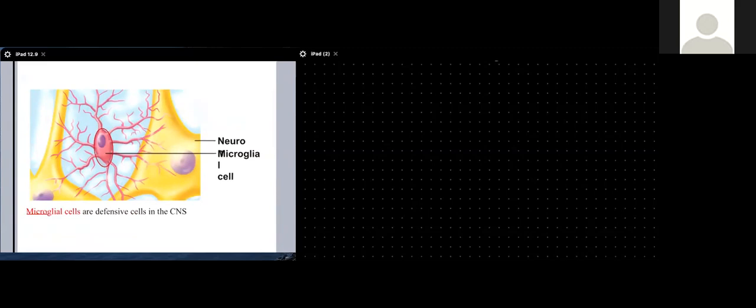They are defensive cells located in the CNS, and the main function on here is to attack any pathogen that finds its way to the neurons. So this is another bodyguard, but this time this is a bodyguard specialized to attack any pathogens, like the tissue macrophages.